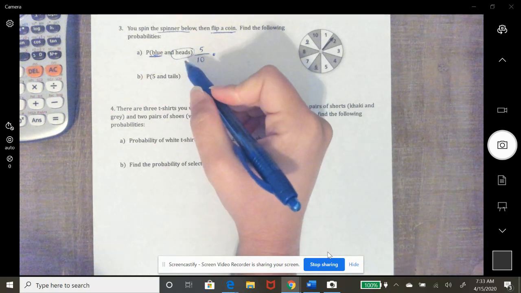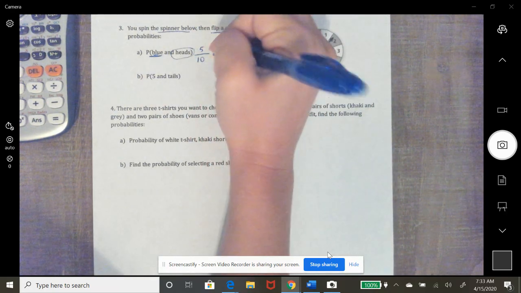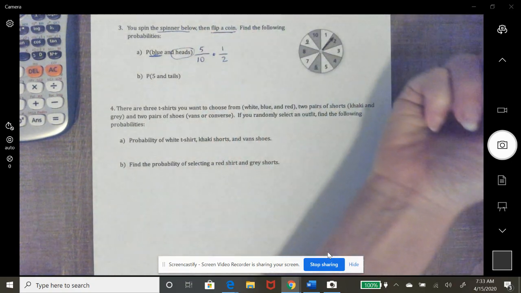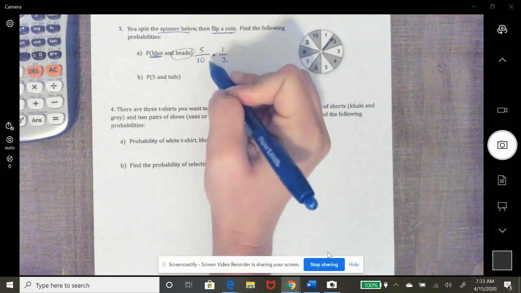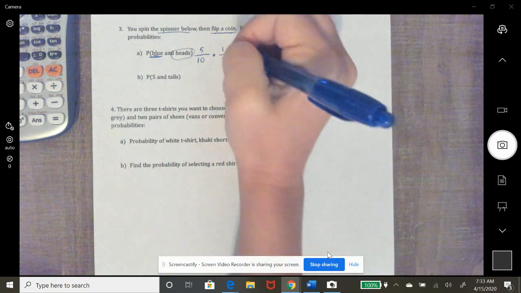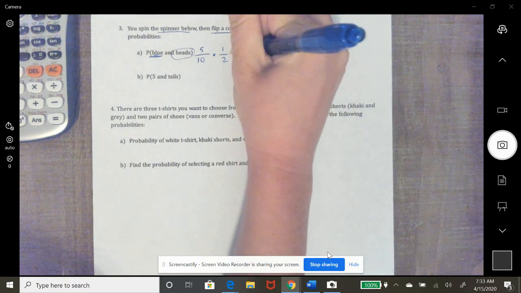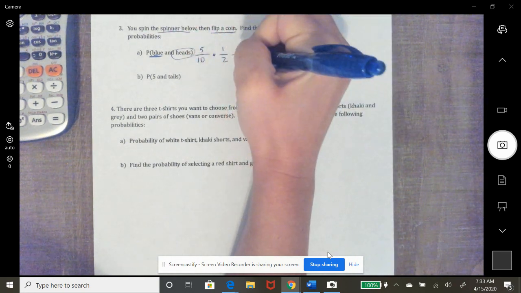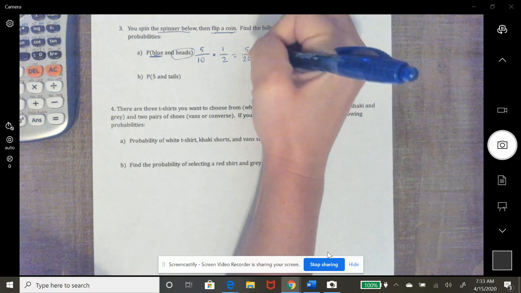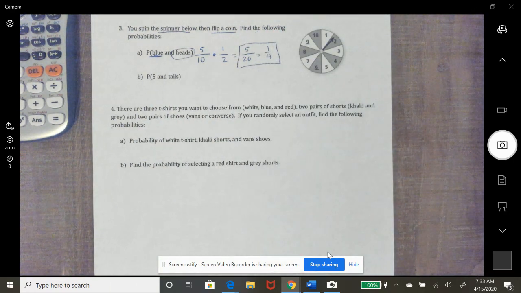What's the probability of flipping a coin and getting a heads? There's 1 heads out of the 2 sides, so it's 1/2. These look a little different because we're doing 2 separate events. You're not doing the same thing twice. Then we just multiply. 5 times 1 is 5, 10 times 2 is 20. So 5 over 20, or 1/4 if you want to simplify that.